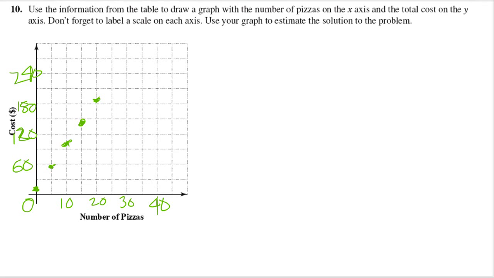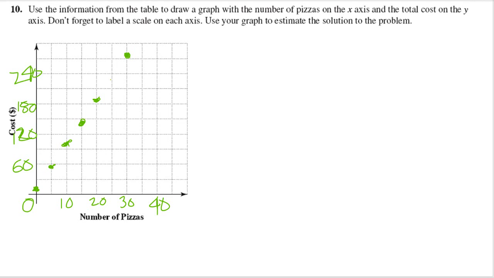25 pizzas, let's see, 30 pizzas was 280. So 240, 270. So I'm a little bit above 270. A third of the way between 270 and 300.